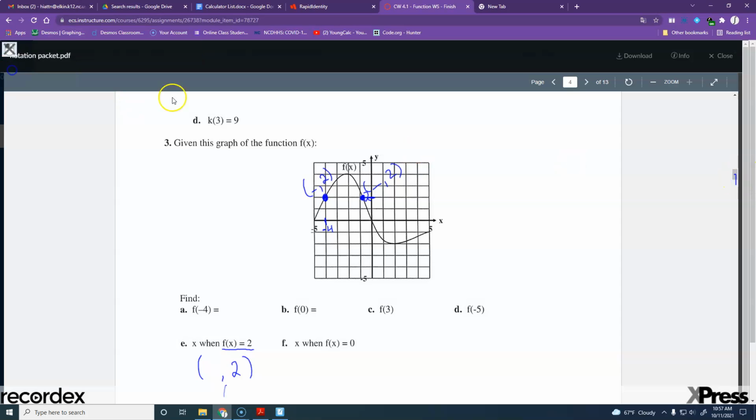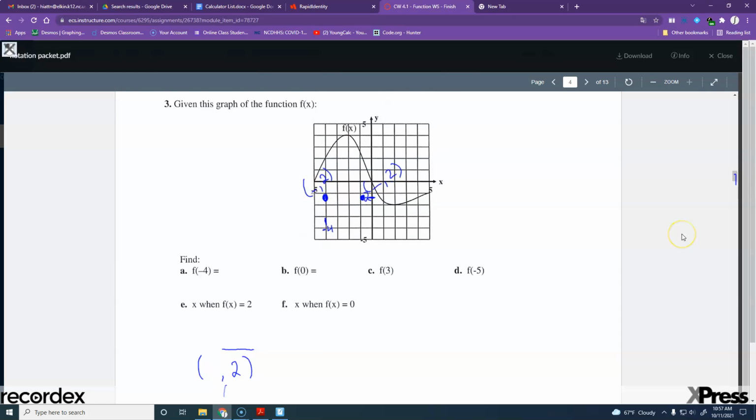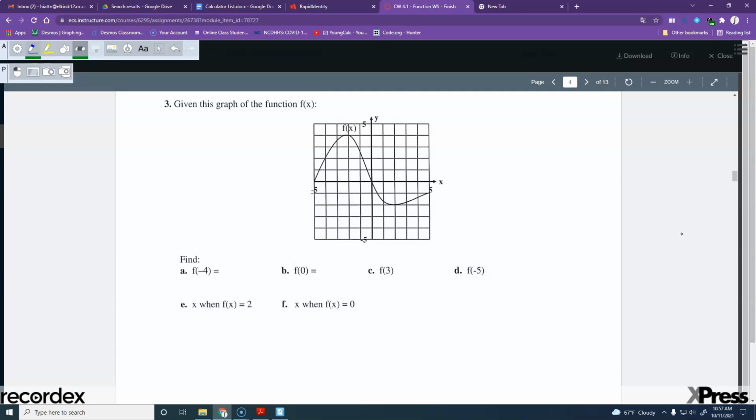Let me do that. Can't scroll. Do not smash the sink, though. It didn't hurt anything. All right. You put it in the bottle.